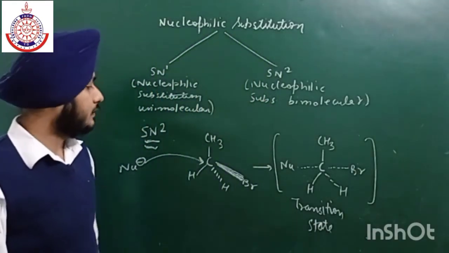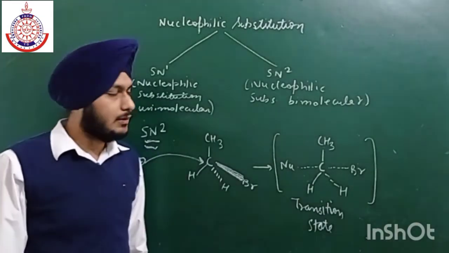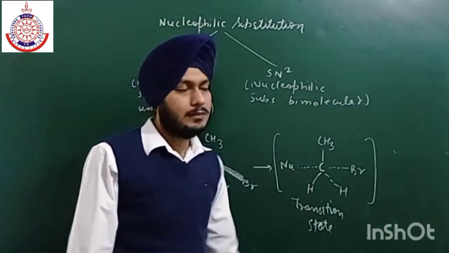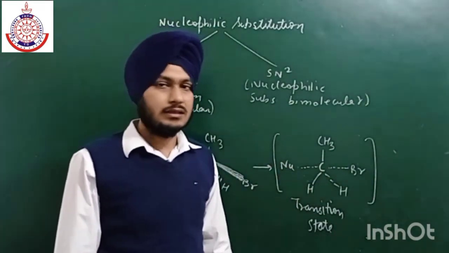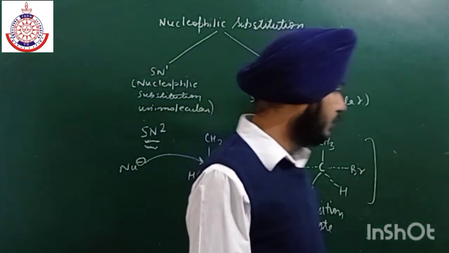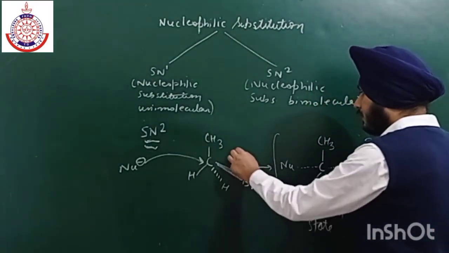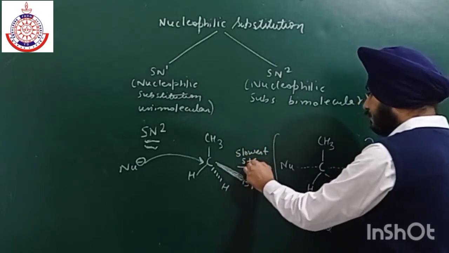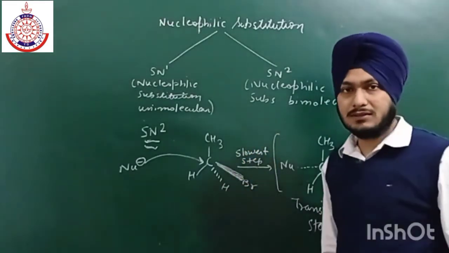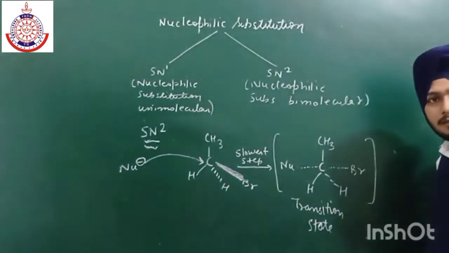This state is very unstable, because as we all know, carbon is tetravalent in nature, and a pentavalent state is highly unstable, and this step is the slowest step. Attack of the nucleophile is the slowest step, and as we all know, the slowest step is the rate determining step.